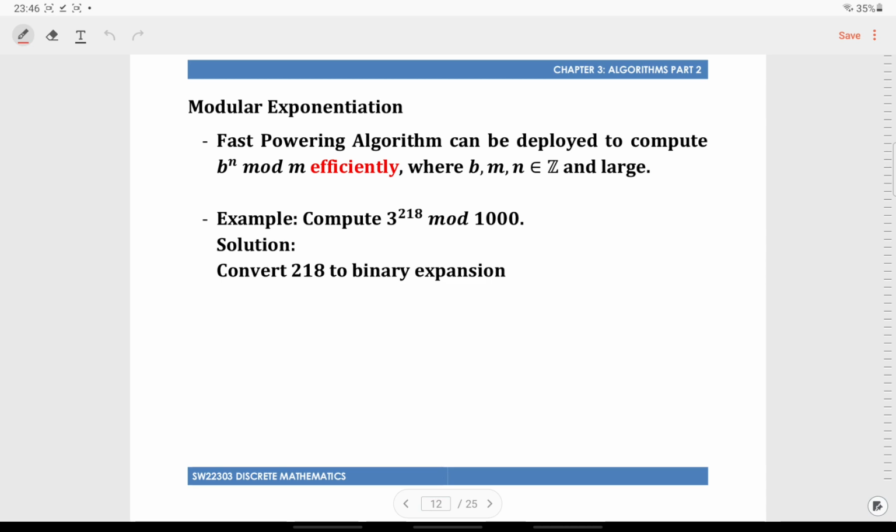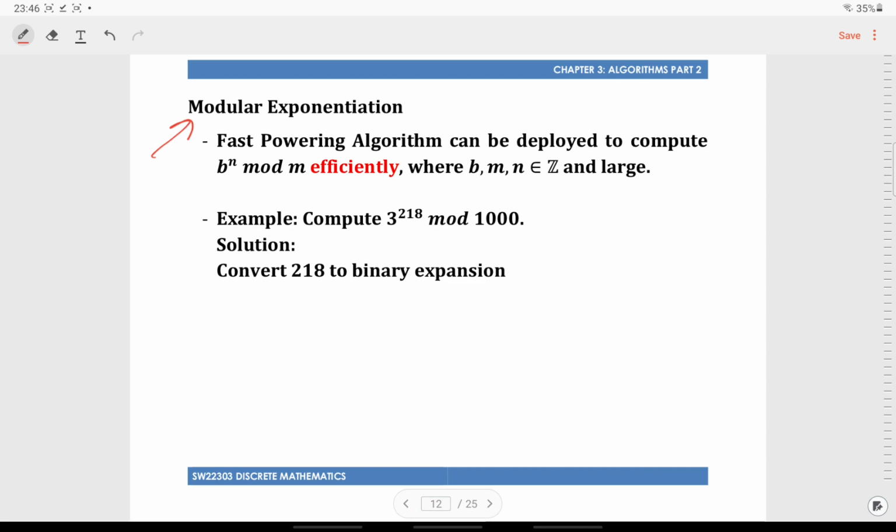In this topic we are discussing modular exponentiation, the exponent operation in the set of integers modulo m. The fast powering algorithm can be deployed to compute the value of b to the power n mod m efficiently, where b, m, and n are large integers.